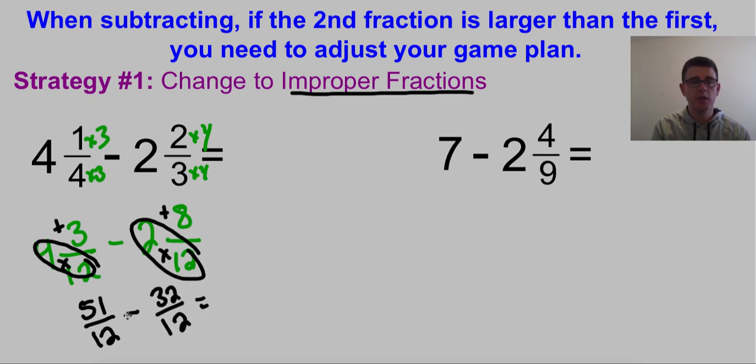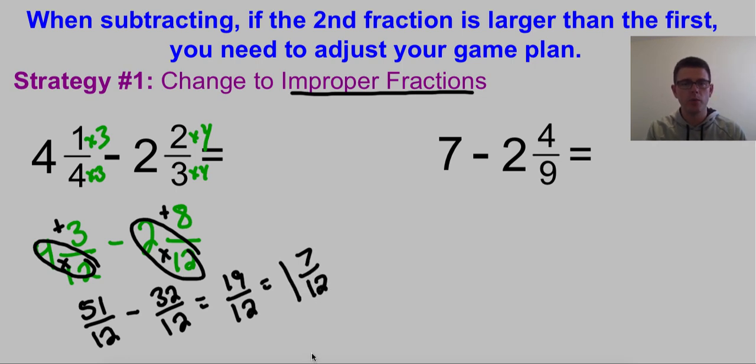And then we just subtract. 51 minus 32 is going to give me 19/12. But that's an improper fraction. 12 goes into 19 one time with 7 left over. Sorry, I don't know why I'm writing at an angle here. So change into improper fractions, go ahead and subtract them, then change it back into a mixed number when you're done.